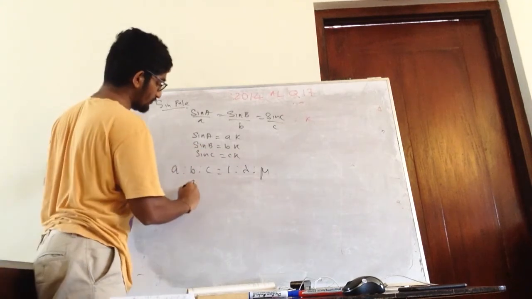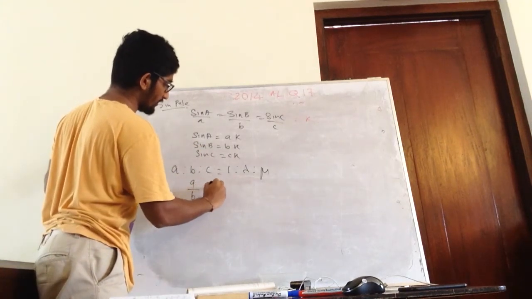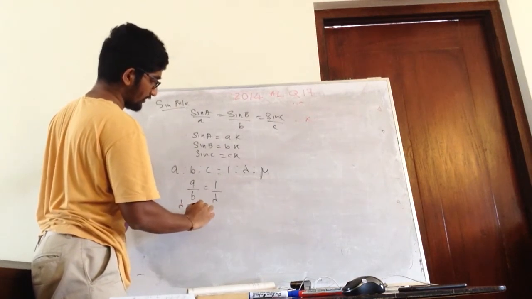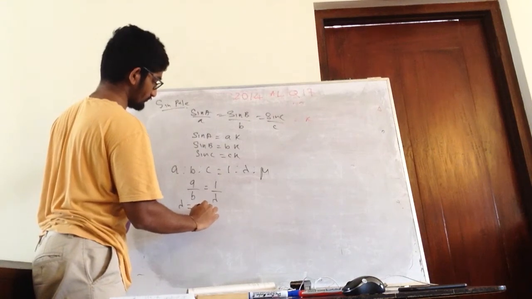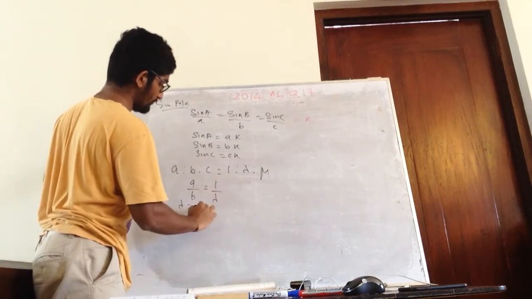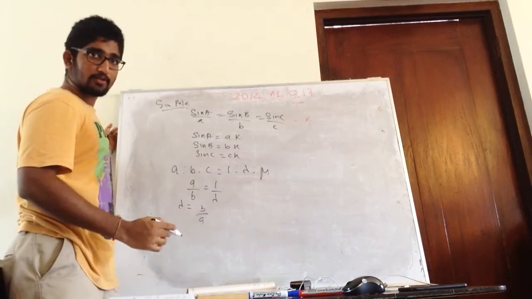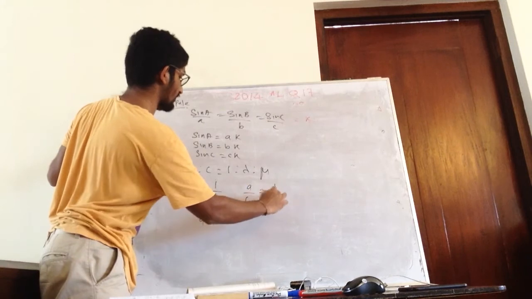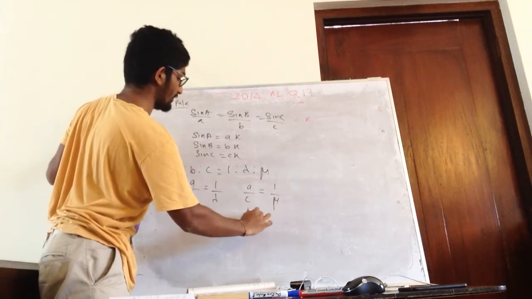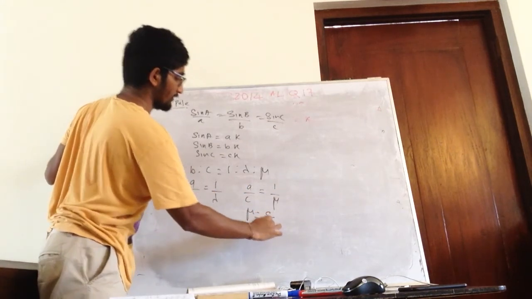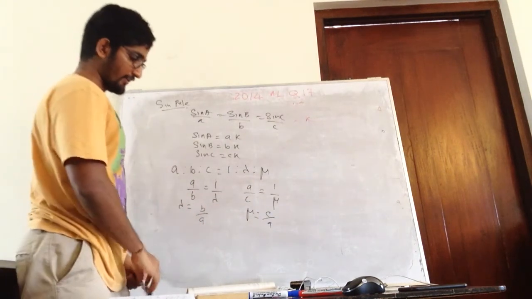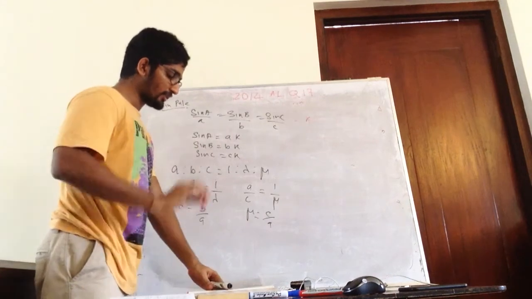That means a to b ratio is 1 to lambda. So basically lambda is b to a. Then I know that a to c is 1 over mu. So mu is basically c to a. Okay, now they are asking us to prove something.